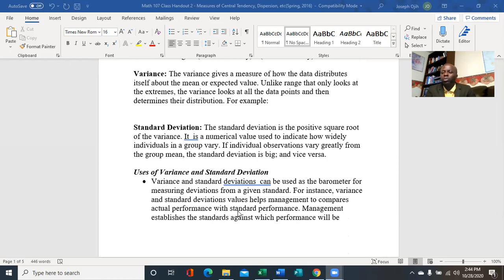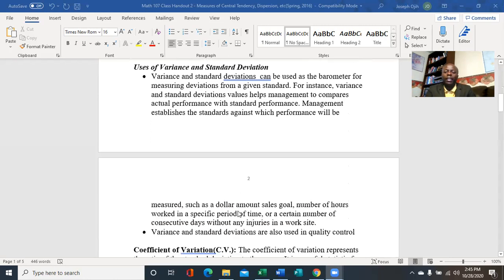Now we can use variance and standard deviation, of course, to do a lot of things. For example, we can use them for measuring deviation from a given standard. For example, the management in a manufacturing company like Coca-Cola can use the variance and standard deviation to establish standards against which performance will be measured, such as dollar amount of sales, number of hours worked.